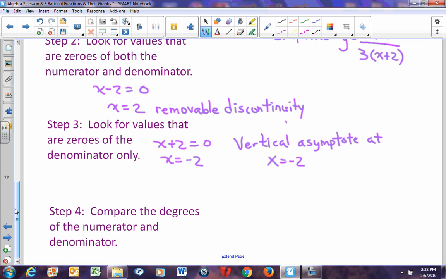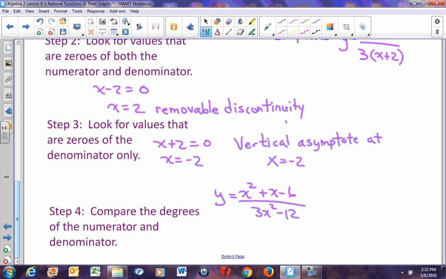Then the last thing you can do is compare the degree of the numerator and the denominator. Remember, the original equation was y equals x squared plus x minus 6 over 3x squared minus 12. The top is a quadratic equation, and the bottom is a quadratic equation.